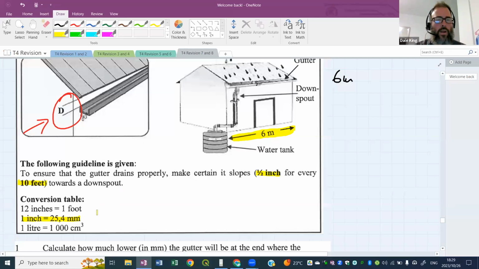I need to change this 1 inch equals 25,4 millimeters into not an inches-millimeters conversion, but a feet-meters conversion. I've got to change it into something that I can work with.